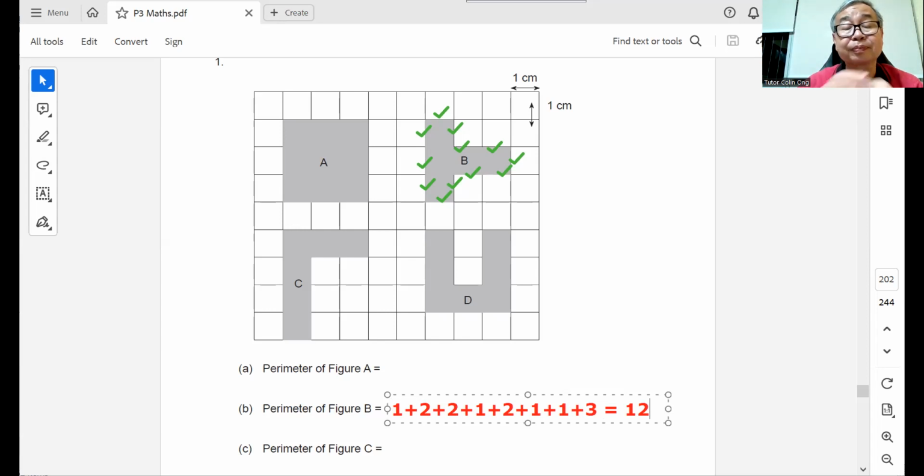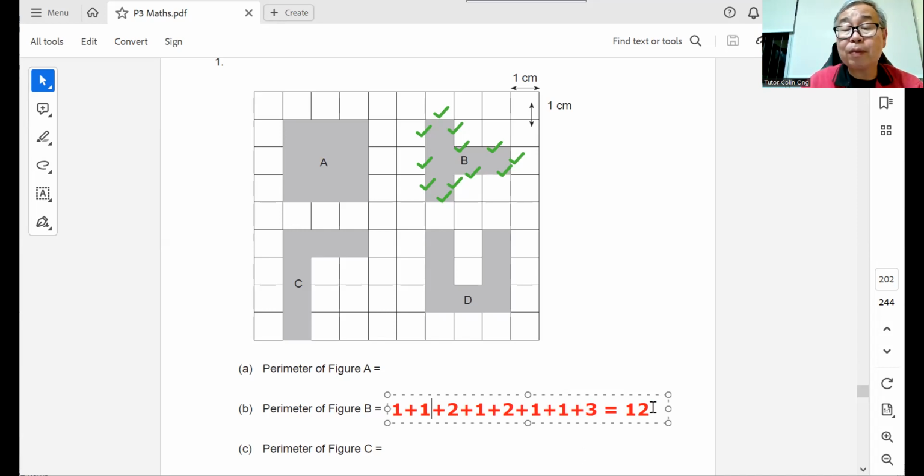All right, so one more time. Sorry, I made a mistake here. 1 plus 1 plus 2 plus 1 plus 2 plus 1 plus 1 plus 3, which altogether gets 12.